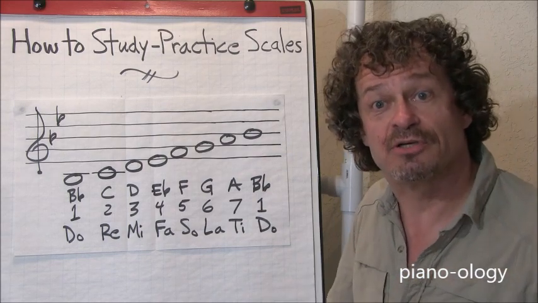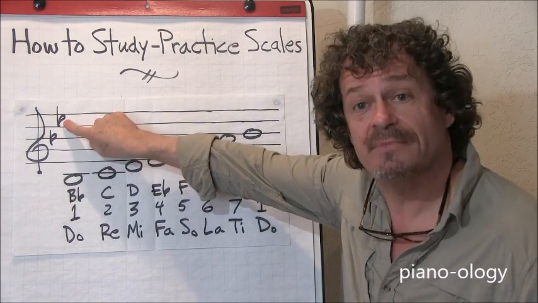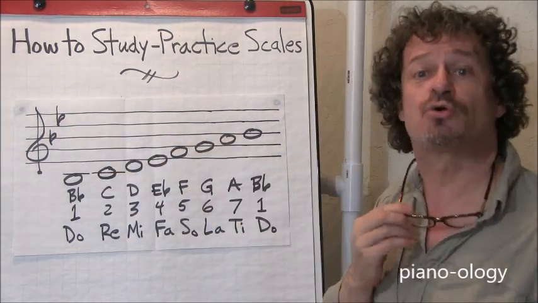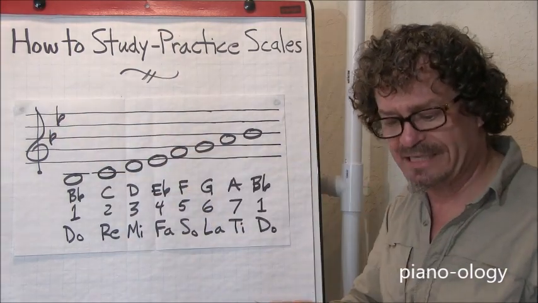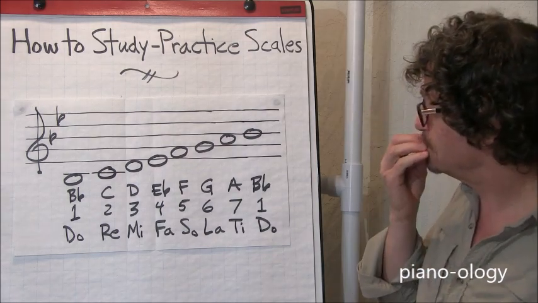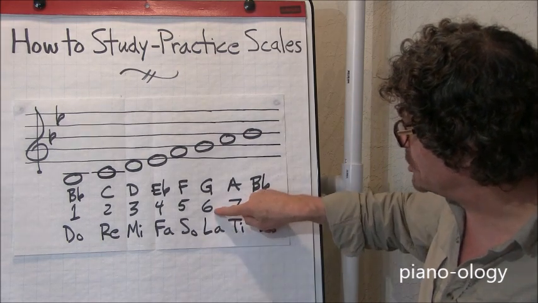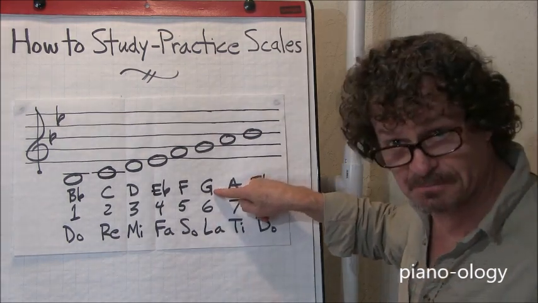And you should be able to answer. It's 2 flats, B-flat and E-flat. Another question you might ask, what is La in the key of B-flat major? Well, let's see, La in the key of B-flat major, that's the 6th, and it's the letter G.